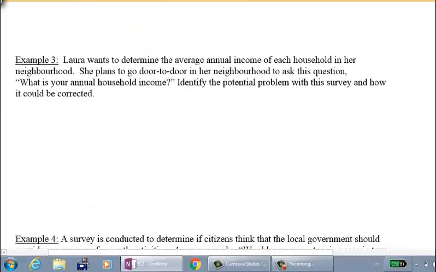Okay, how about example number 3? You read that one and you decide what type of potential problem could this one have. If you're thinking about, this is a pretty private question here, I would say correct.